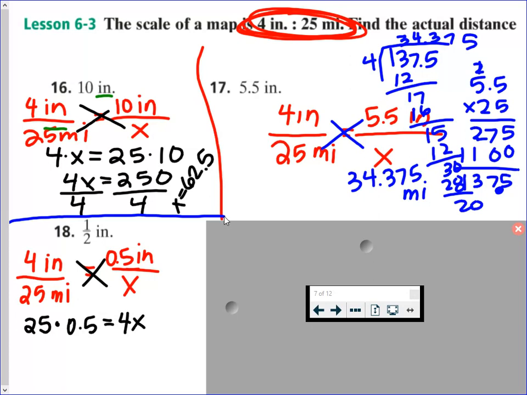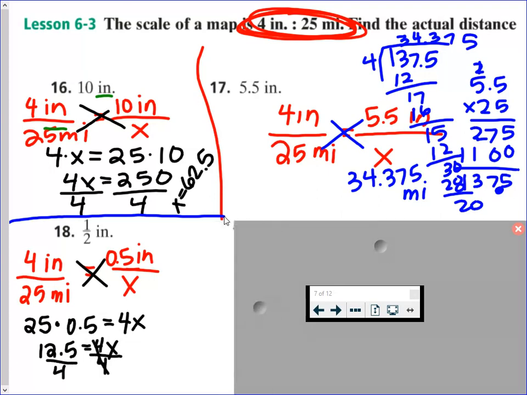Do you know half of 25? Oops. Why'd I put a 0?